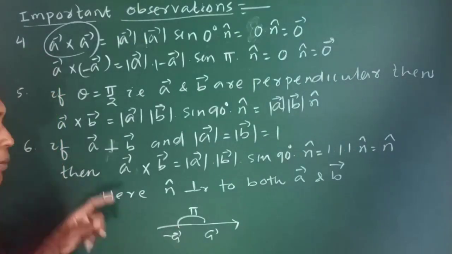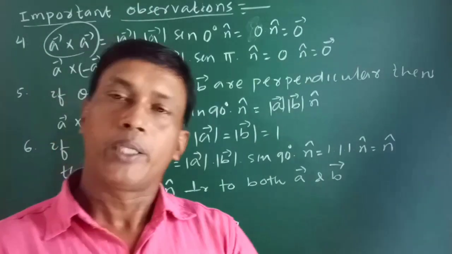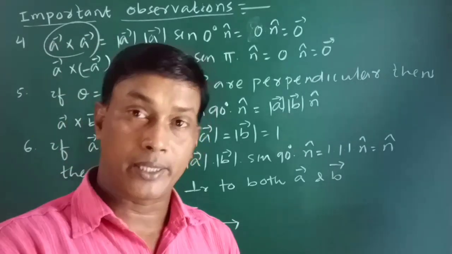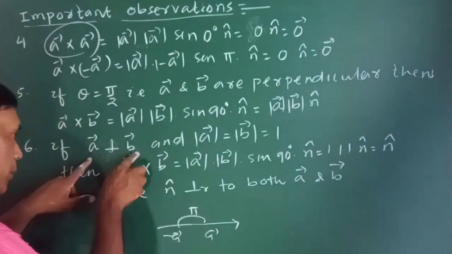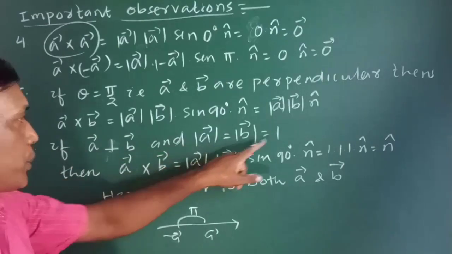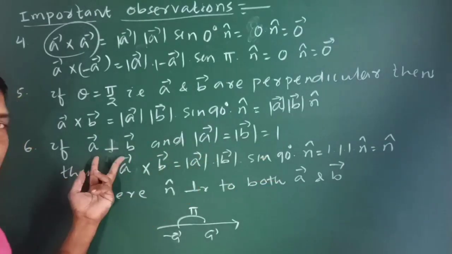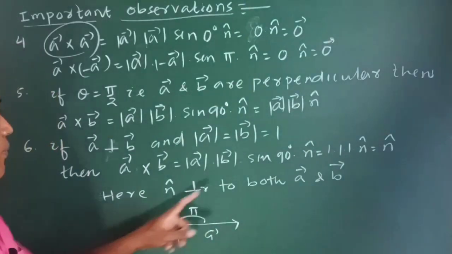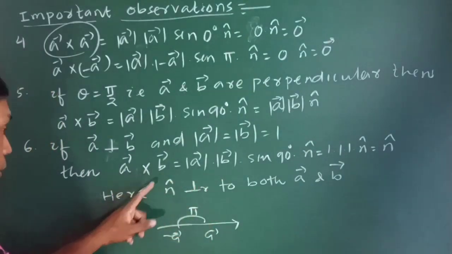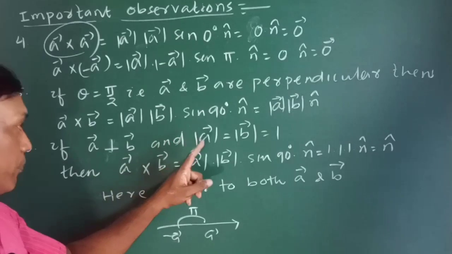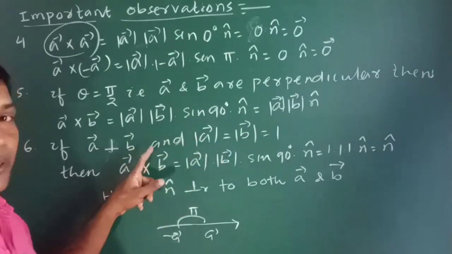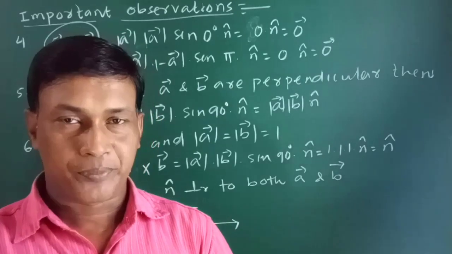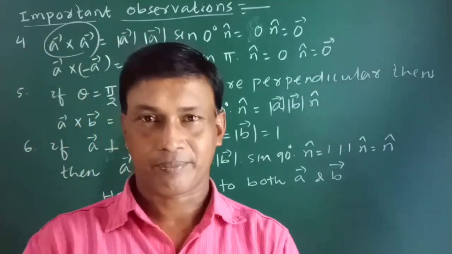Now, suppose you are given two unity vectors that are mutually perpendicular. Their magnitude is 1. That means these two are unity vectors perpendicular to each other, which means orthogonal unity vectors.